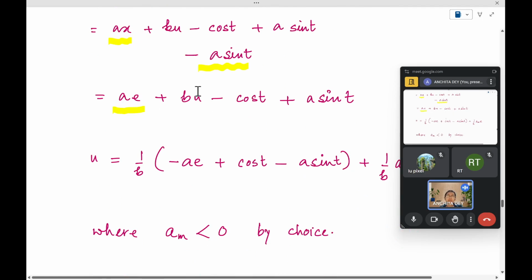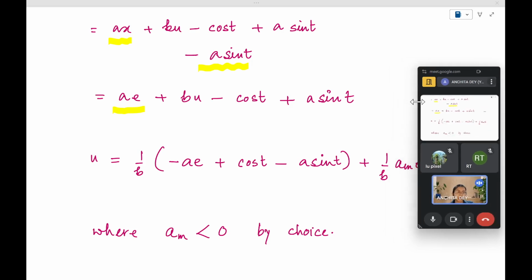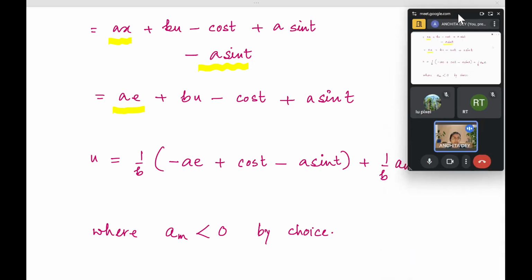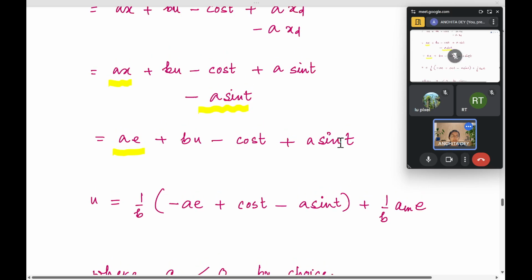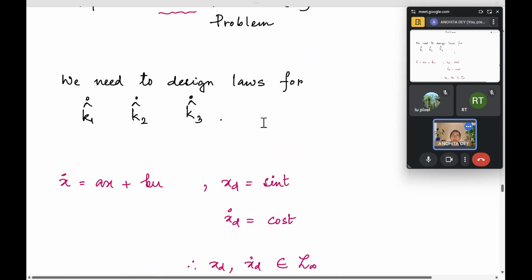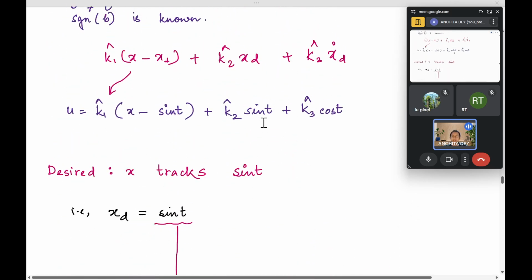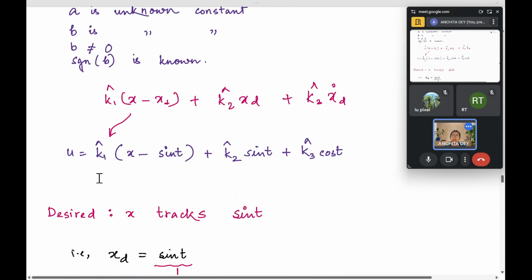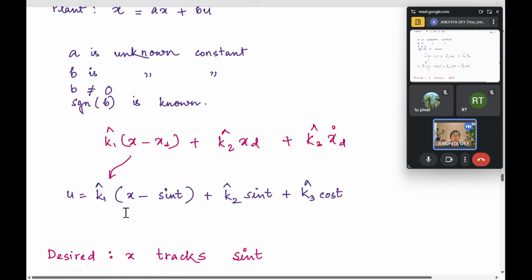Now, why did we do this change? What could have been the motivation for bringing a instead of Am? If we go back to the controller that was given to us in the lecture, we had u equal to k1 hat into x. Only x was there, not x minus sine of t. What is this x minus sine t? This is e again.